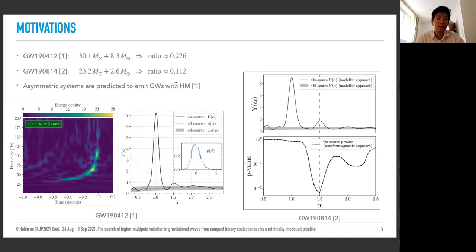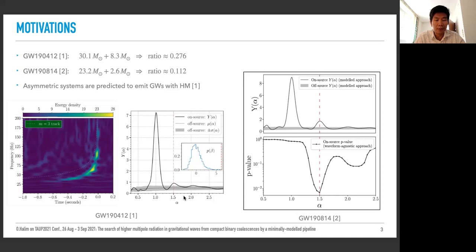And in fact, it has been shown from these two events, from these two papers, that there is strong evidence of higher modes. In the case of GW190412, we show here the time-frequency map. The main signal is, of course, the quadrupole. Meanwhile, if we put the track of the 3-3 mode here, the dashed line is not so clearly visible.